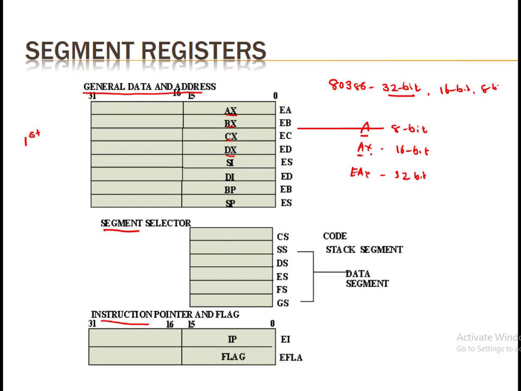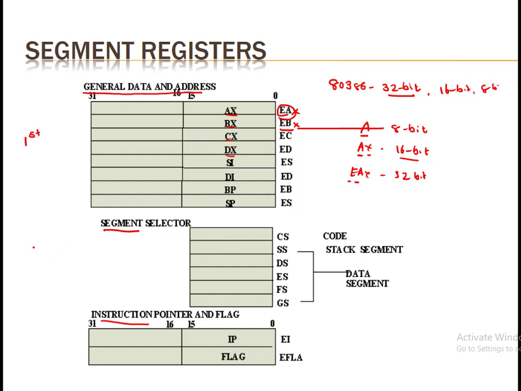With X as a suffix, that's 16-bit operation. With X as a suffix and E as a prefix, that is 32-bit operation. So this 0 to 31, the 32 bits, is identified and known as EAX. Similarly, EBX, then ECX, EDX, and so on.